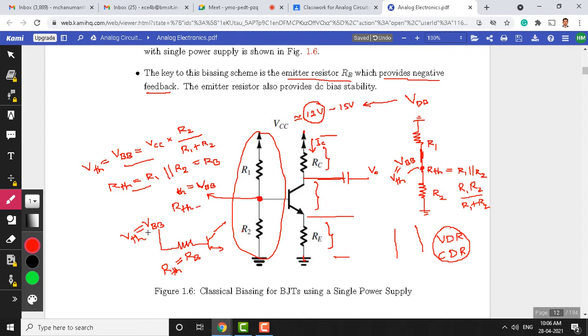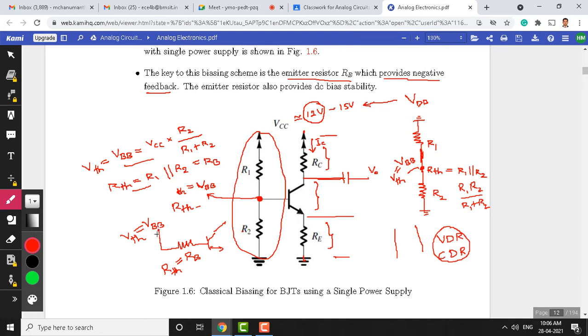Now, as per the textbook, VBB is nothing but V Thevenin, given by the expression VCC into R2 divided by R1 plus R2. R Thevenin, which is also equivalent to RB, is R1 parallel with R2, and the expression for that is R1 R2 divided by R1 plus R2. Now we know the equivalent, which is a voltage source shown here and a resistance in series.